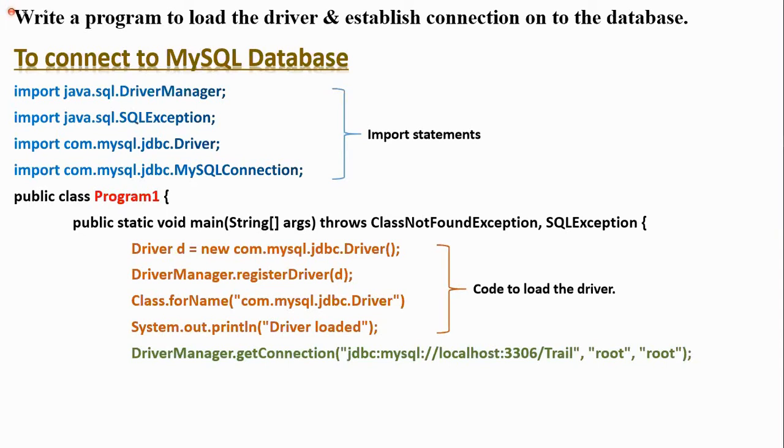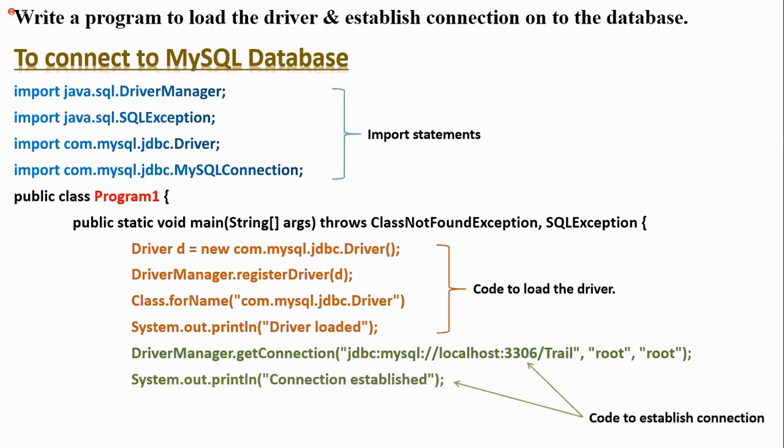So three important pieces of information you are supposed to give in the getConnection method: the URL, which you have given, username root, and password root, which I have given already. Okay, sir, next step is what? Next, I will print that the connection is established. What are these lines doing? These lines are used for connection establishment. I hope I'm completely clear with these things.